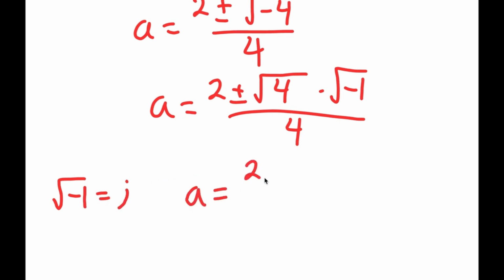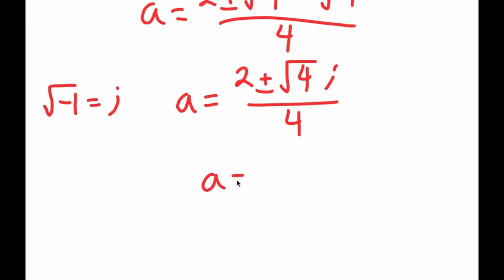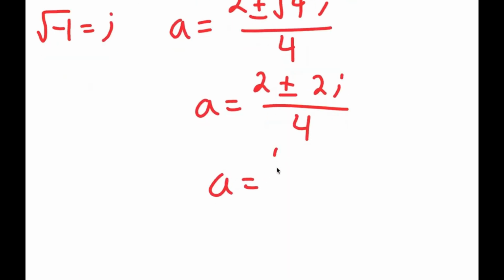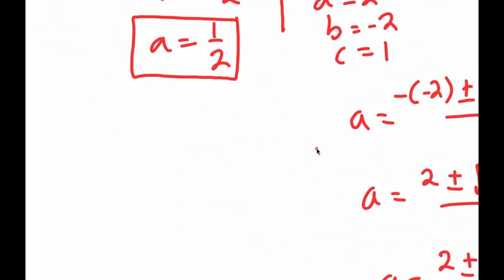So I get a equals 2 plus or minus the square root of 4 i over 4. And the square root of 4 is 2. So I get a equals 2 plus or minus 2i over 4, which simplifies to a equals 1 plus or minus i over 2. So these are two more solutions to my equation.